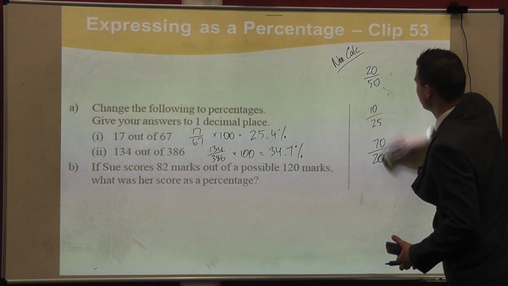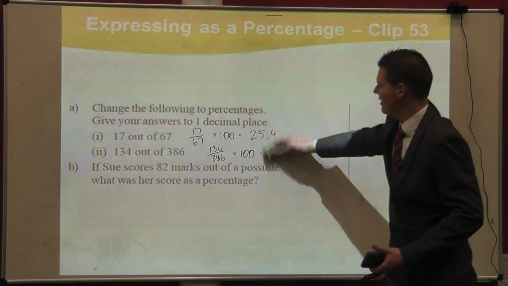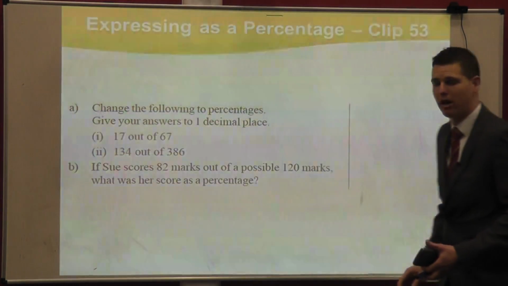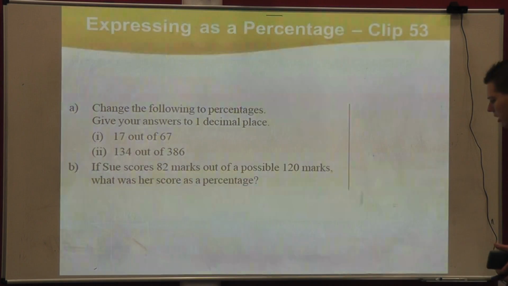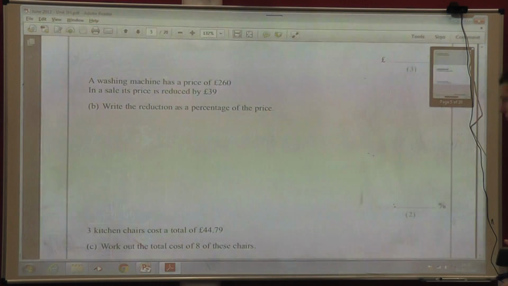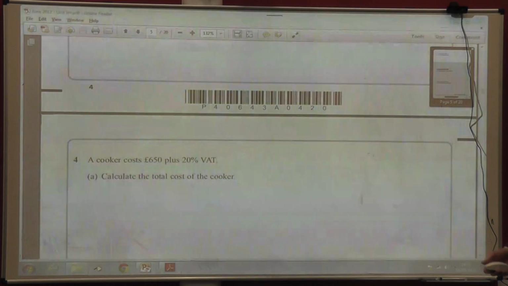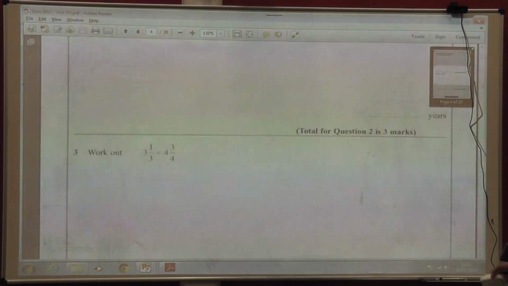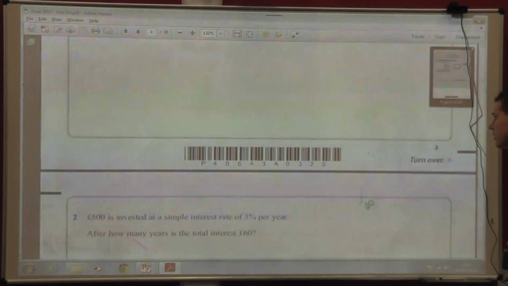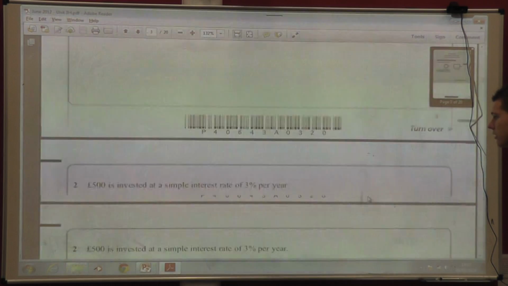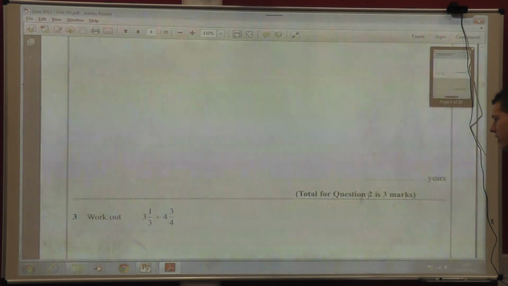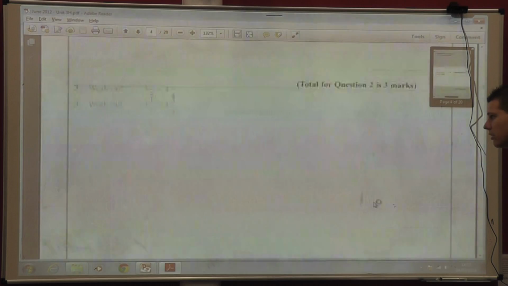So that whole question that you're going to do on the practice paper is worth 7 marks. So make sure you're picking those up. So far, on the practice paper, it's a little bit of a running total here. We're looking at 3, plus for the percentage question another 3, that's 6 marks.